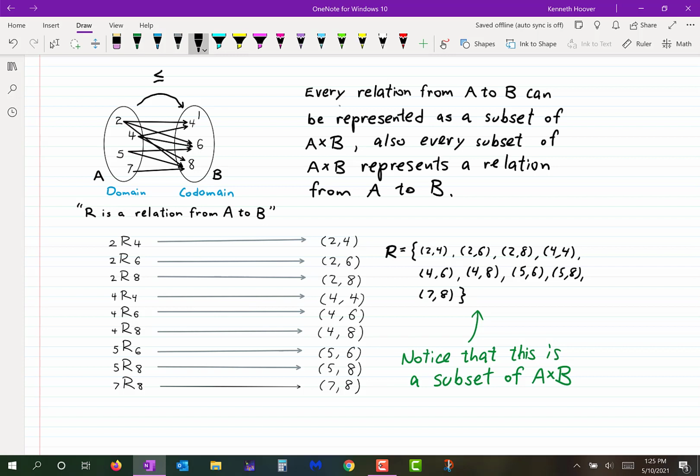Okay, and in fact, in this column here, since there's a symbol for less than or equal to, I could have used that symbol. Okay, so that's what a relation is.